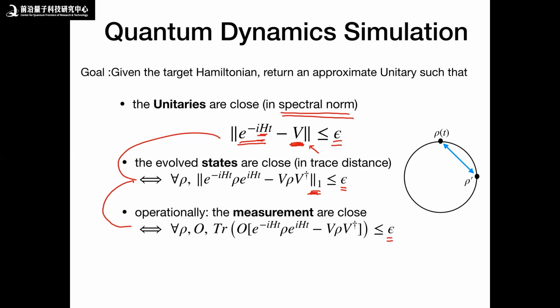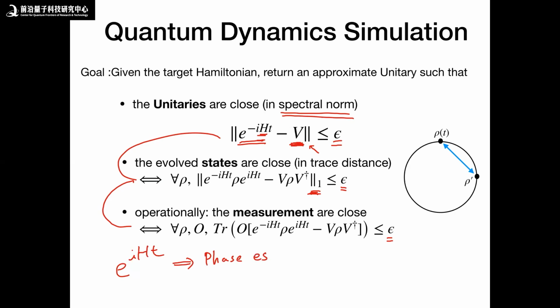Let me also mention that the ability to simulate quantum dynamics, to simulate this exponential e^{-iHt}, is really fundamental in many of these physics applications, because it is the building block of phase estimation.